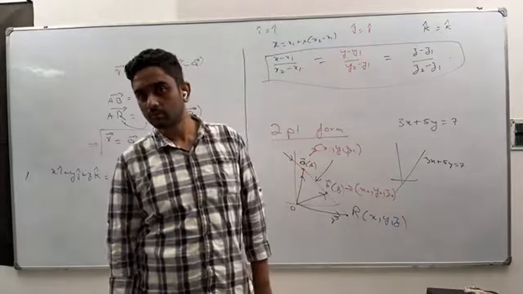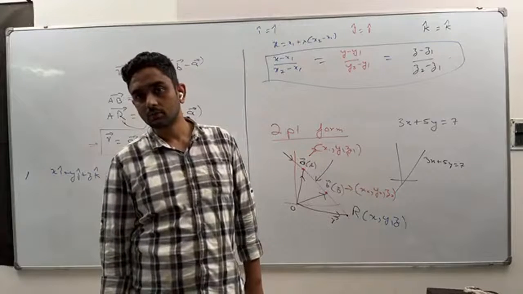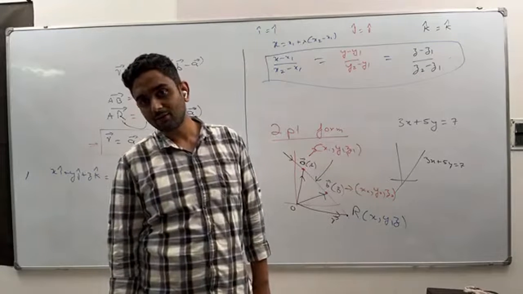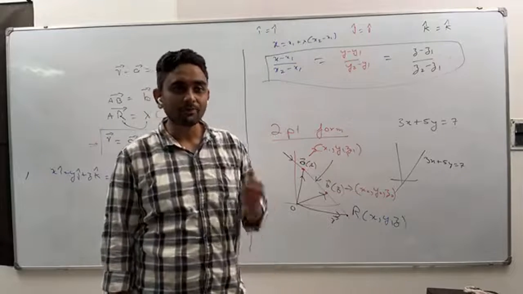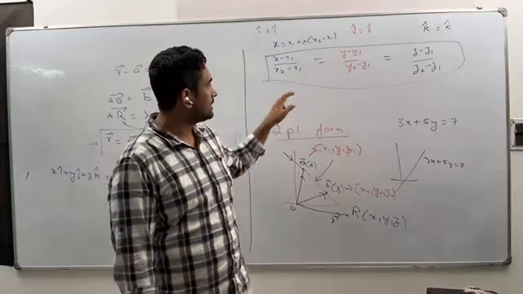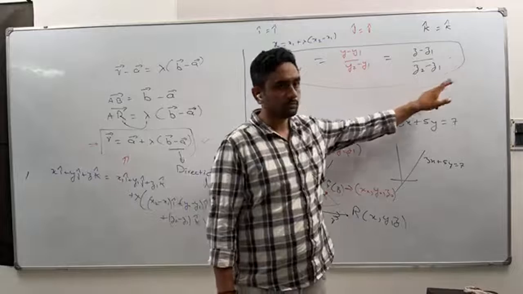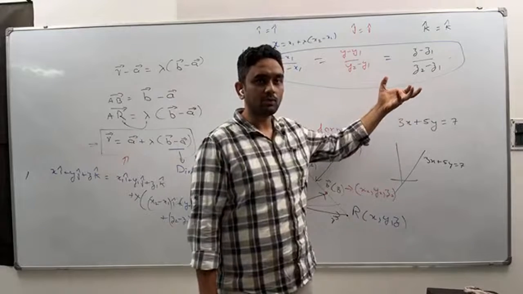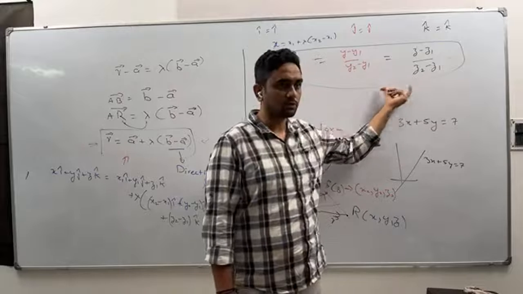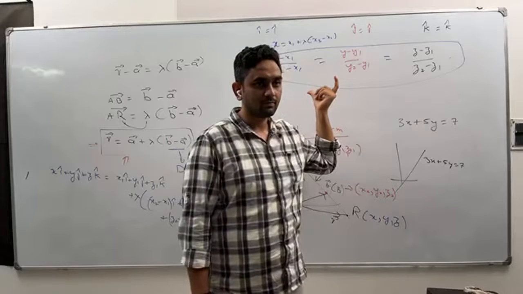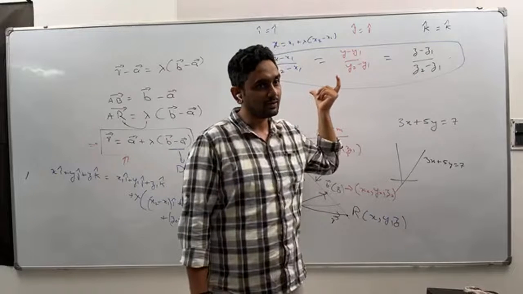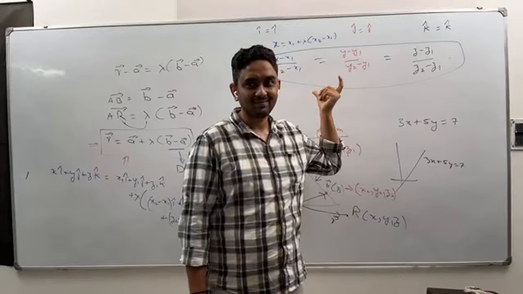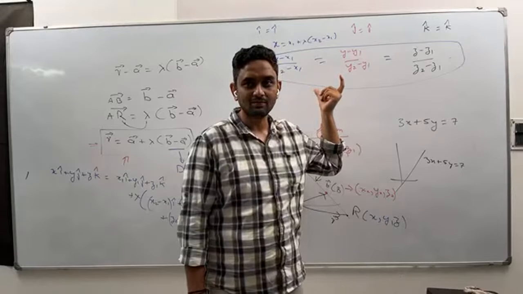All of you are clear? Any doubts? Okay, then we will clear my doubt. Now, which one is the line? These two or these two? There are two equal to signs, right? To find the equation of the line, should I equate the last two or the first two?